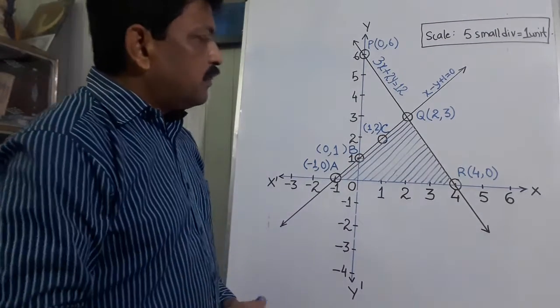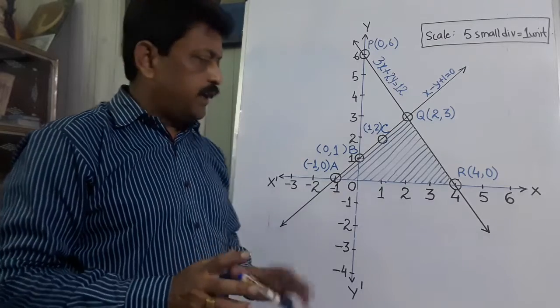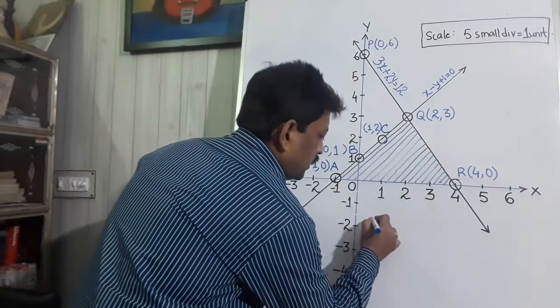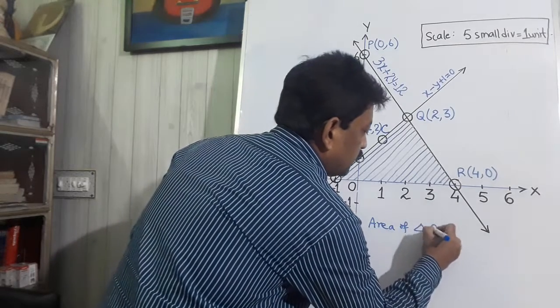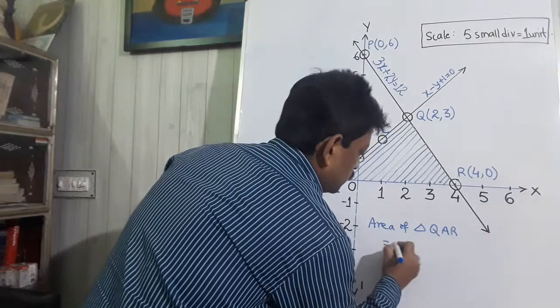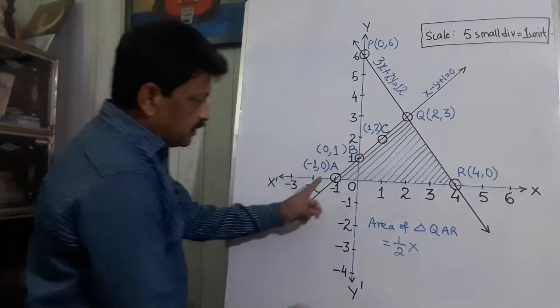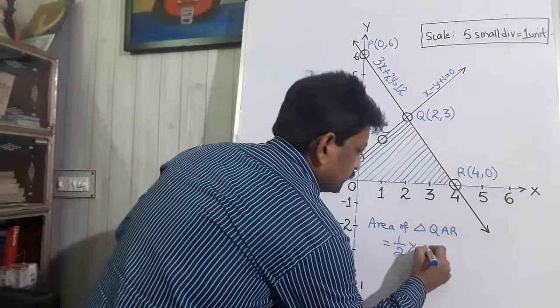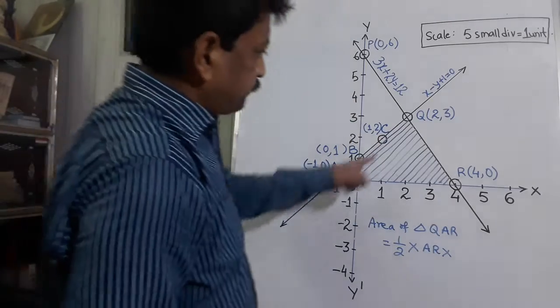So you know that area of the triangle is half into base into height. So area of triangle QAR equals half into base into height. So what is the base? Base is AR. And what is the height?